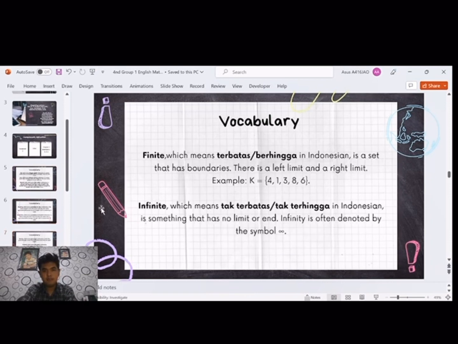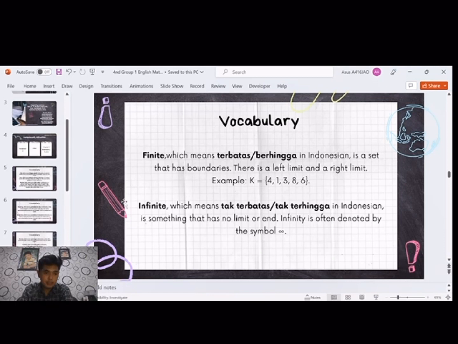Next is finite, which means terbatas atau berhingga in Indonesian. It is a set that has boundaries. There is a left limit and a right limit. Example, k equals 4, 1, 3, 8, 9.